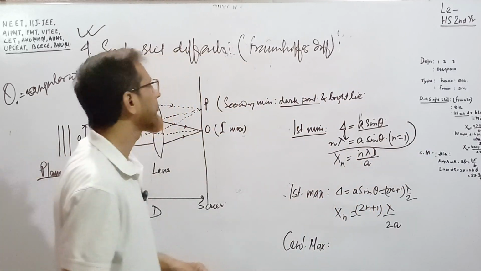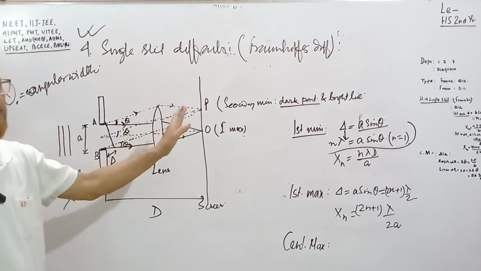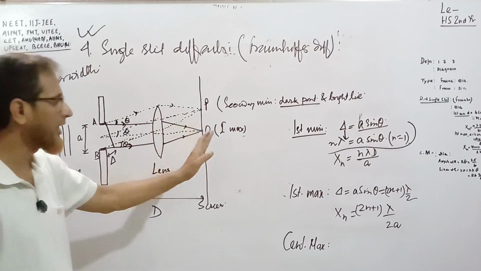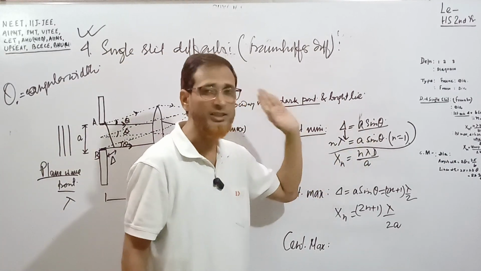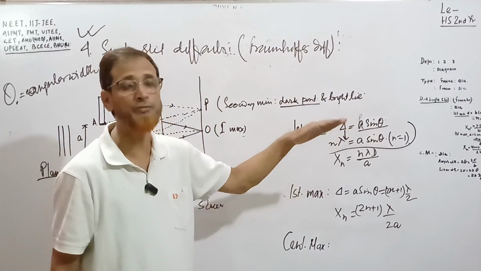It is the formula of the first secondary minimum. Very often we will apply the formula n lambda is equal to a sine theta, where n is equal to 1, 2, 3, 4, 5, 6.